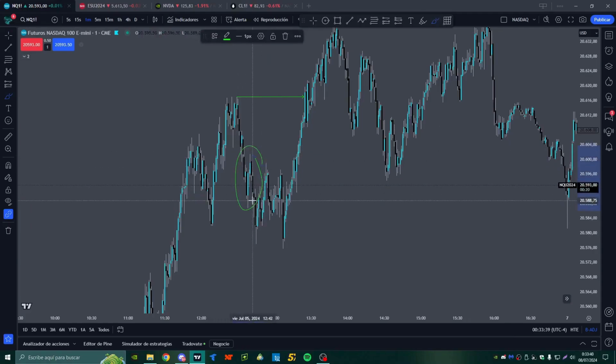In this case, we were talking over here about this responsible person who brought up this other person, and in turn, look how this area, the price leaves it, returns to it, makes a continuation, but with rejection.